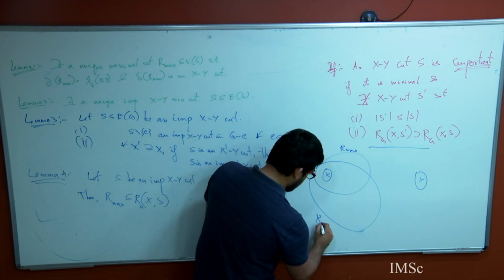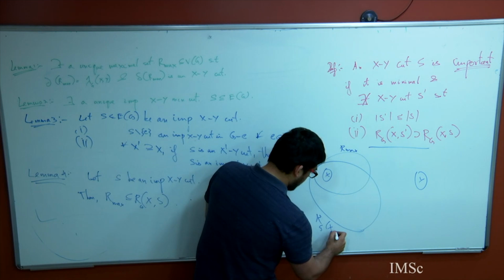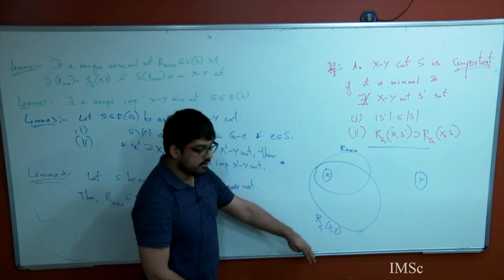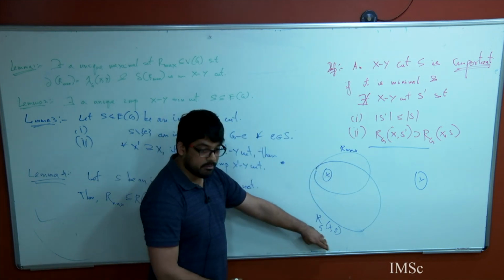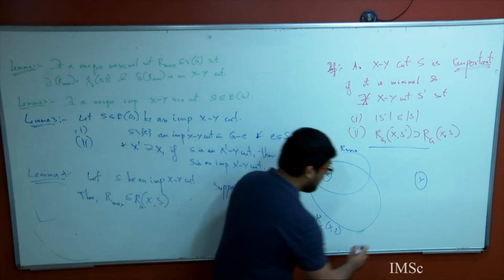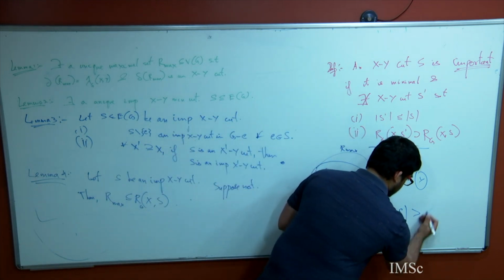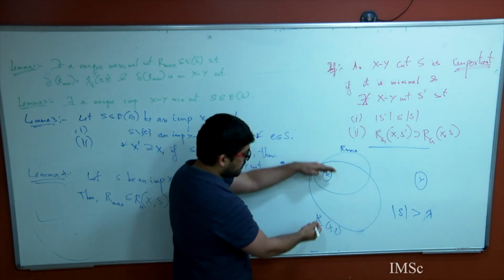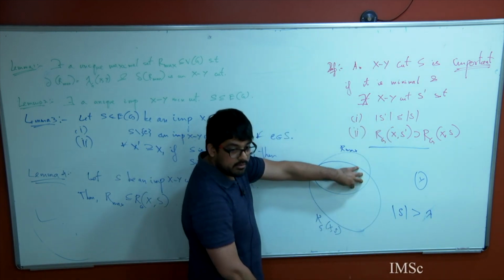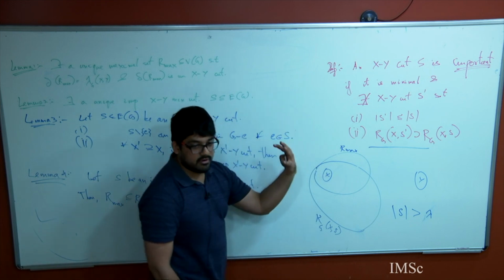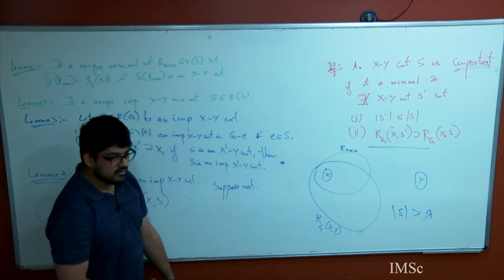So this is the reachability of X comma S for some other X-Y important cut S, where the size of S is strictly greater than lambda. So the number of edges going out of R max is the minimum number. This is some huge number. So why can't this exist?